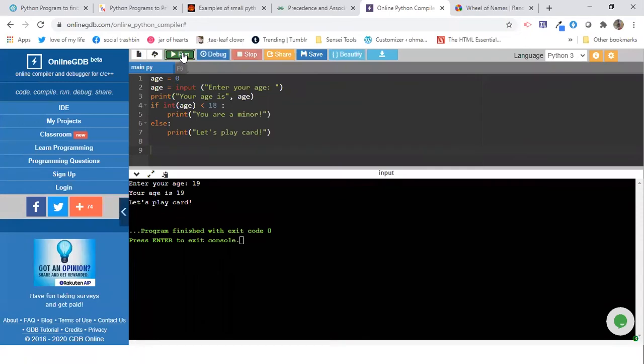Let's play card. 18. Let's play card. Okay? Basta don't forget to data convert. Bahala kayo sa diskarte nyo kung saan nyo ilalagay yung data conversion or data type conversion. Clear? Yes, ma'am. Alright. Next.